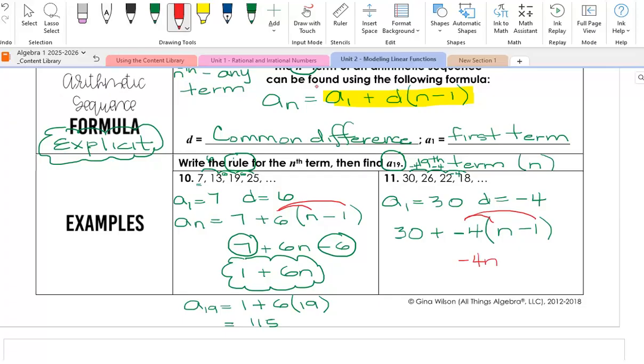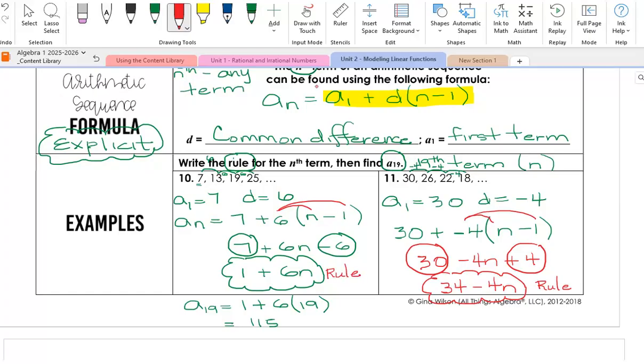Negative 4 times negative 1 is a positive 4. We didn't use the 30, so we're just going to bring it down. We're going to combine like terms, and 30 plus 4 is 34, and we bring this down, minus 4n. This is our rule.